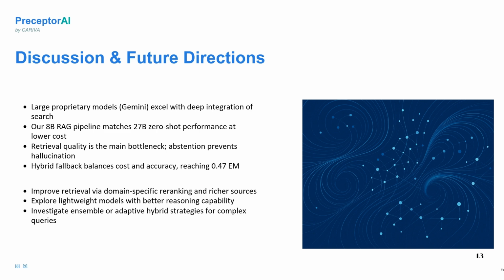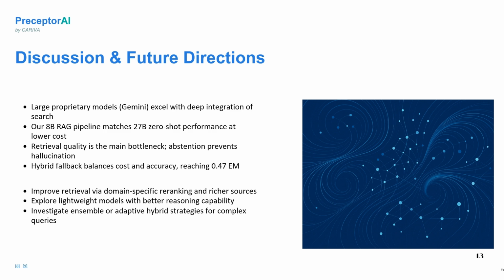For the discussion and future direction, we will let large proprietary models such as Gemini excel with the integration of search, using Wikipedia search, and try to modify a new prompt for Gemini's APIs. Our 8B RAG pipeline matches 27B zero-shot performance at lower cost, and retrieval quality is the main bottleneck.